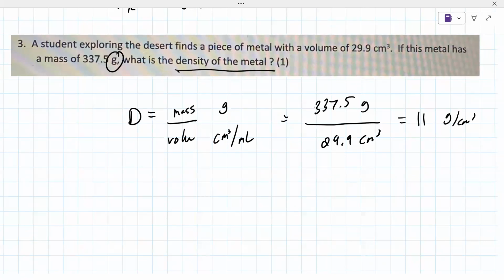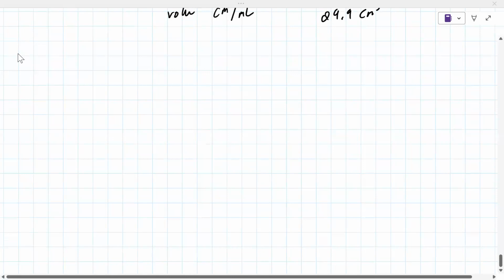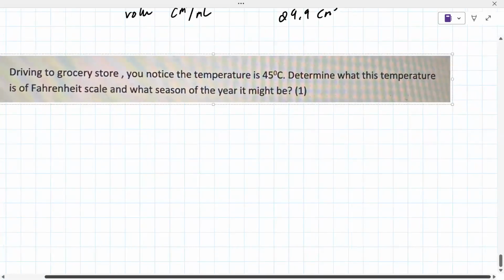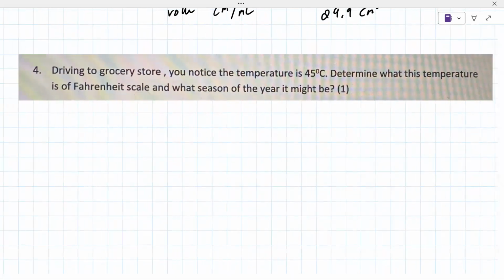All right, number four is Celsius to Fahrenheit, Fahrenheit to Celsius. You actually had some conversions from your math class that were pretty good here.